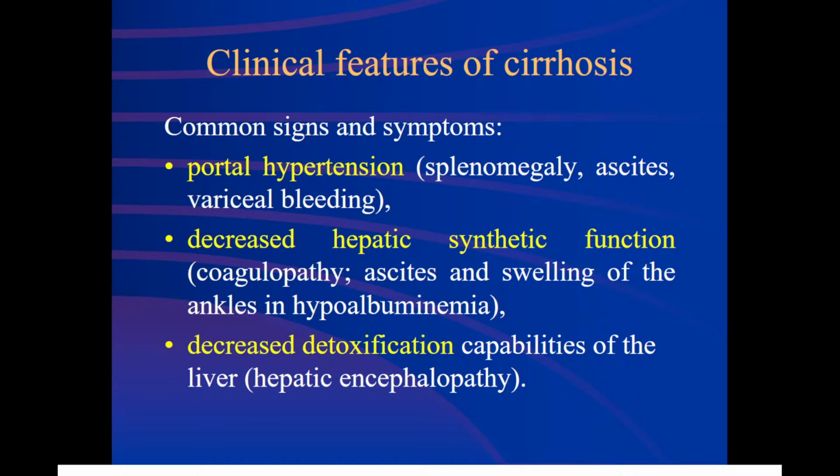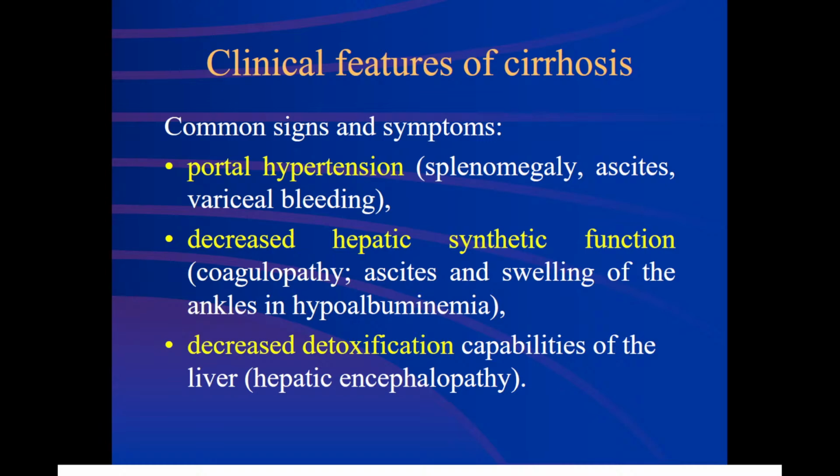The most obvious feature in liver cirrhosis is ascites, enlargement of the abdomen, which is visible when you see patient if ascites is large. Next group of symptoms include decreased hepatic synthetic function, which can cause coagulopathy.